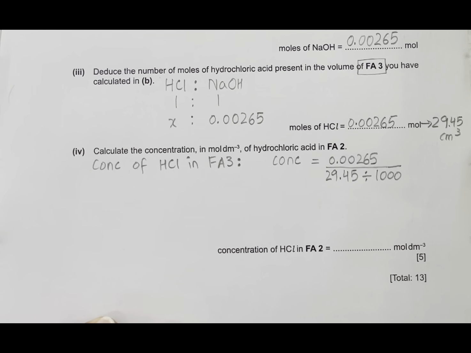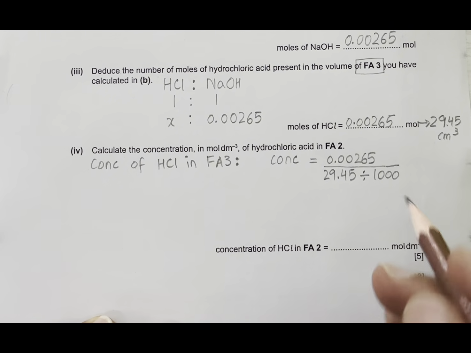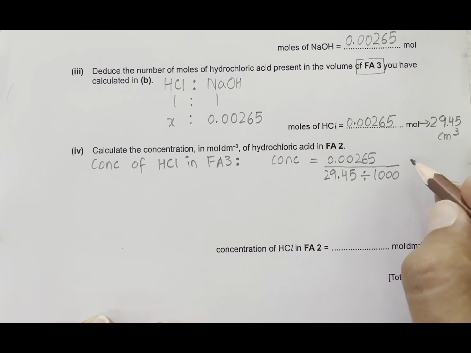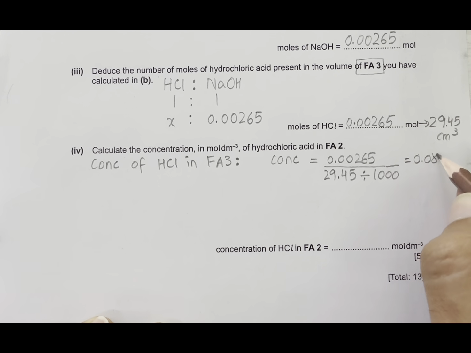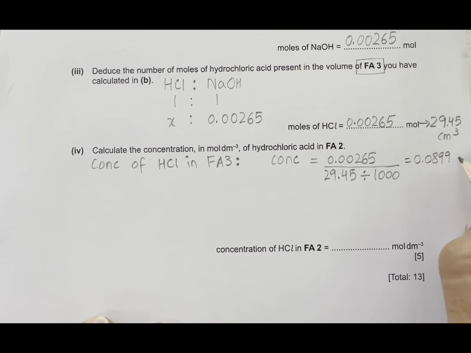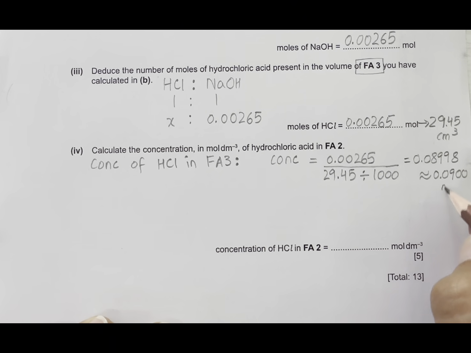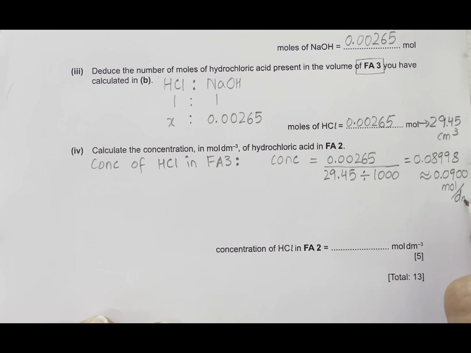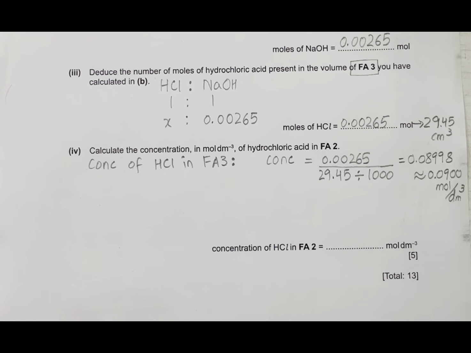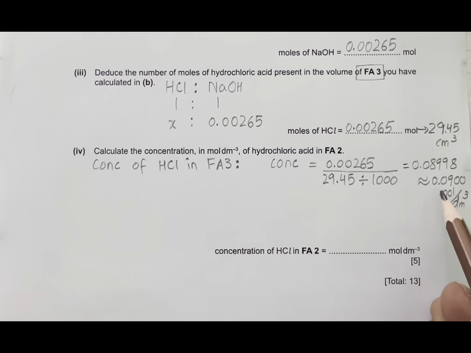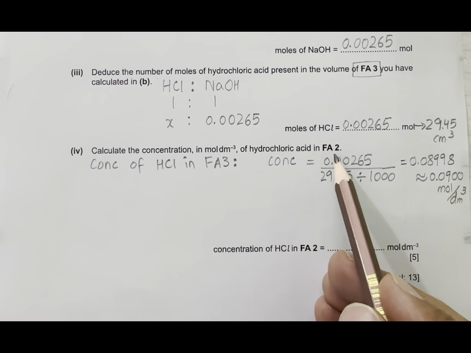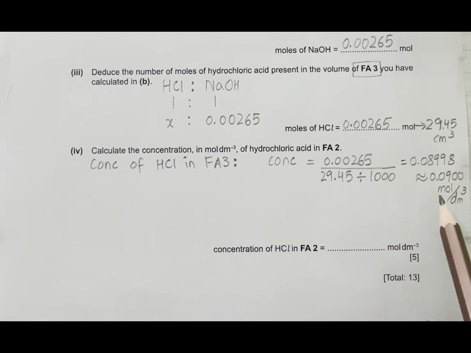Now in this calculation, the answer is 0.08998. So this is approximately 0.0900 moles per dm³. So this is the concentration of HCl in Fa3 we have calculated.